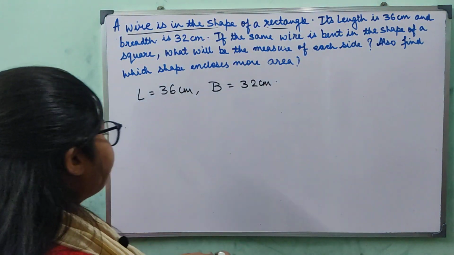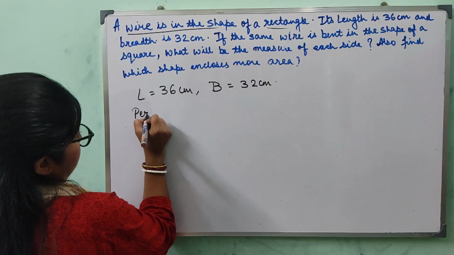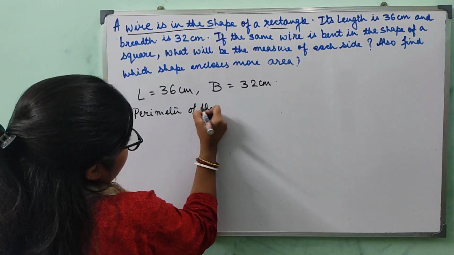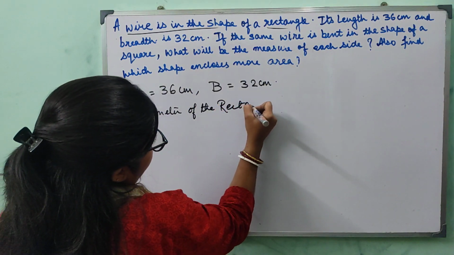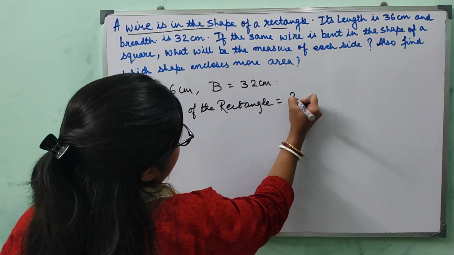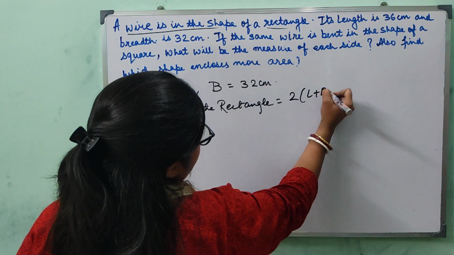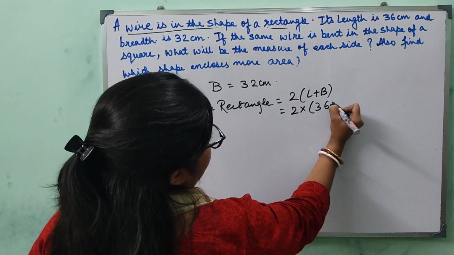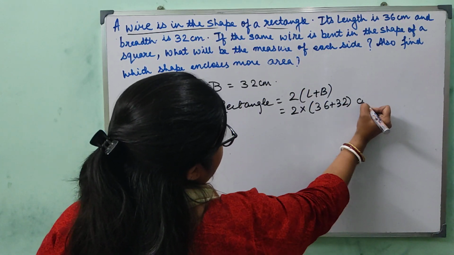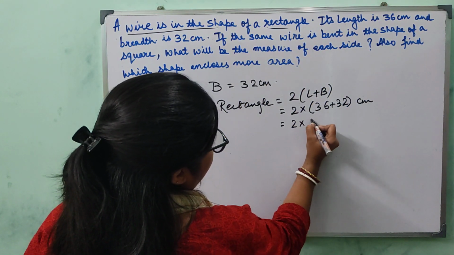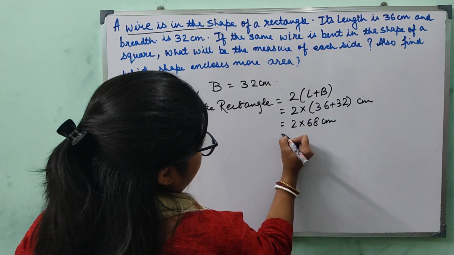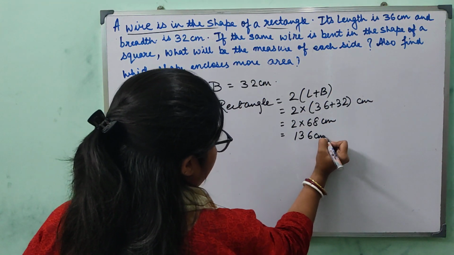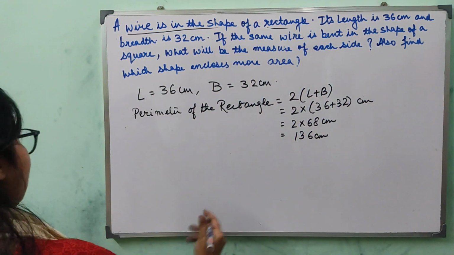So the perimeter of the rectangle is 2 into (L plus B), that is 2 into (36 plus 32) centimeter, that is 136 centimeter.